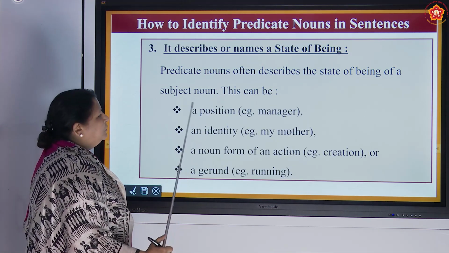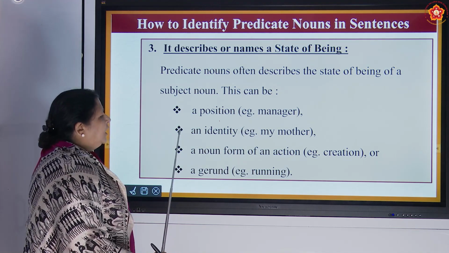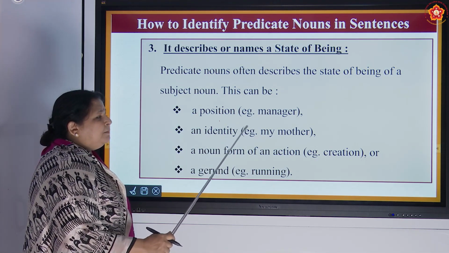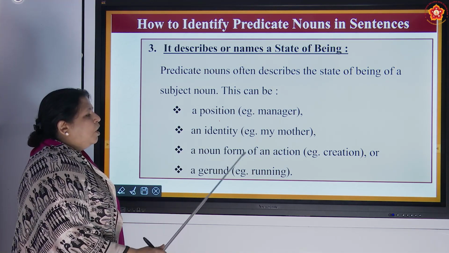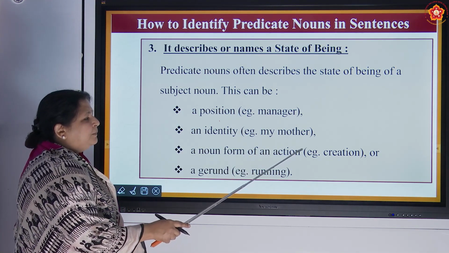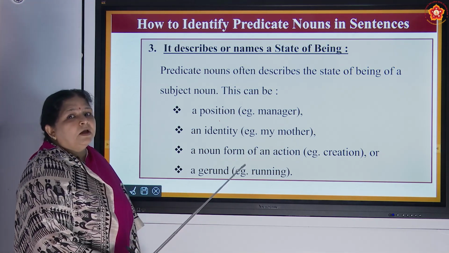This can be a position, for example manager, an identity, for example my mother, a noun form of an action, for example creation, or a gerund, for example running.